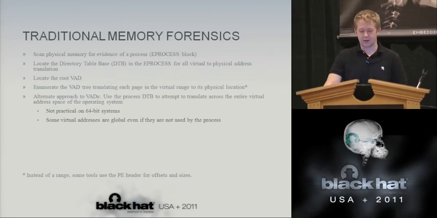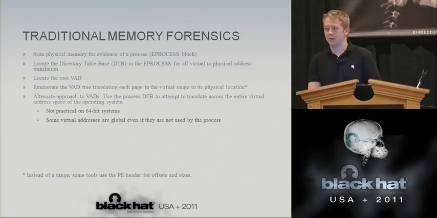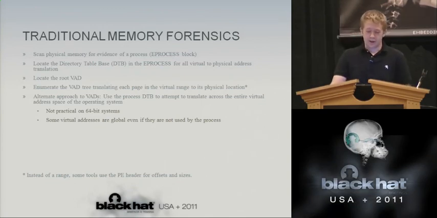In the e-process block, they usually look for the VAD root, which is the beginning of the tree that describes all the process's address space in virtual memory, and they just enumerate the VAD tree to discover all the virtual addresses.